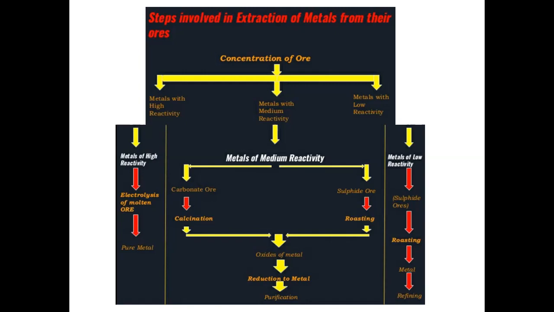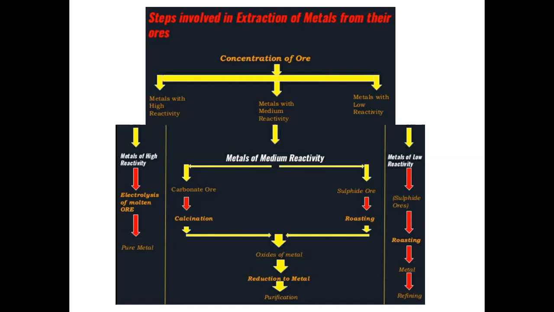After both these processes, whether roasting or calcination, the oxide of the metal is reduced to metal, reduction of the metal occurs, and then purification occurs. Right, students? This is very important to understand, because in low reactivity metals, roasting occurs directly, then the metal comes, and then the metal is refined.